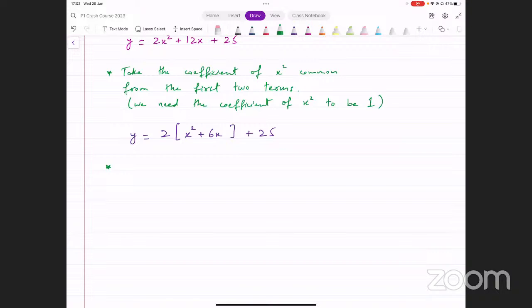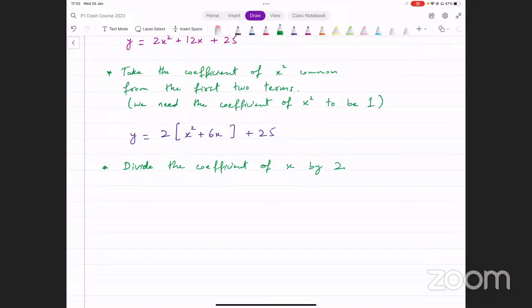And what you do is you divide this number, which is the coefficient of x, by 2. That's the first thing you do. Divide the coefficient of x by 2.